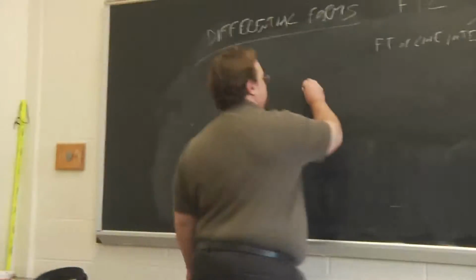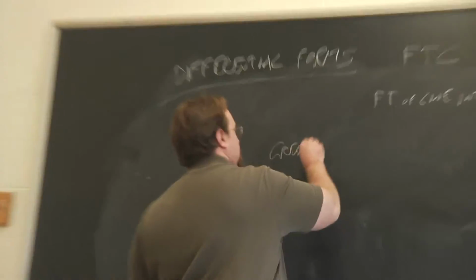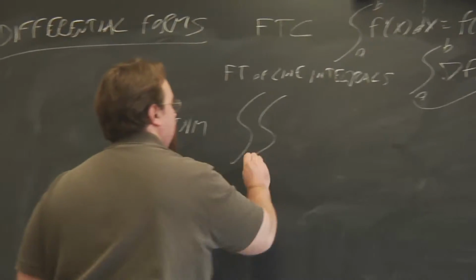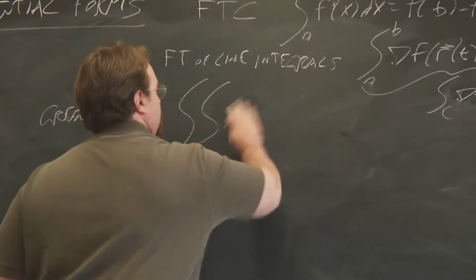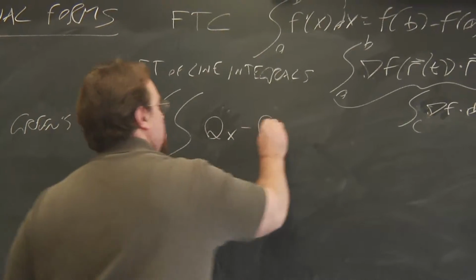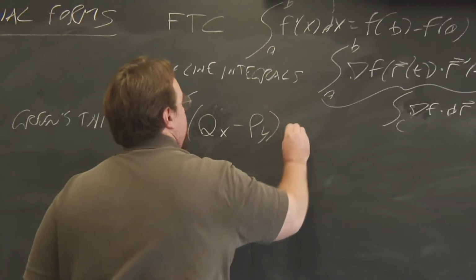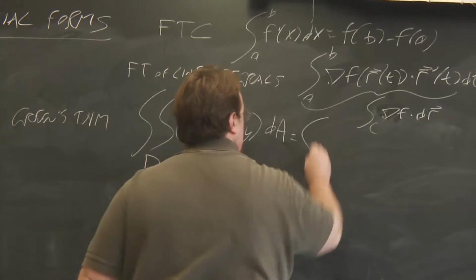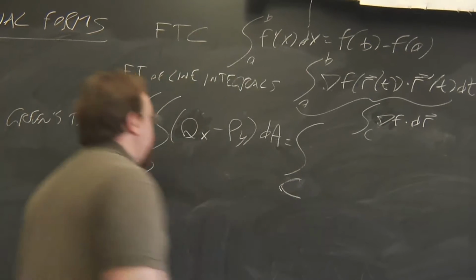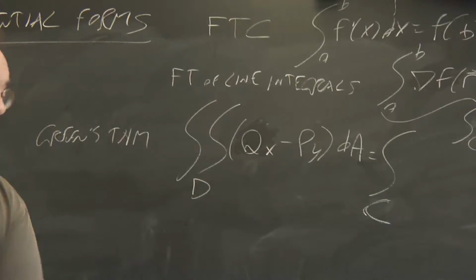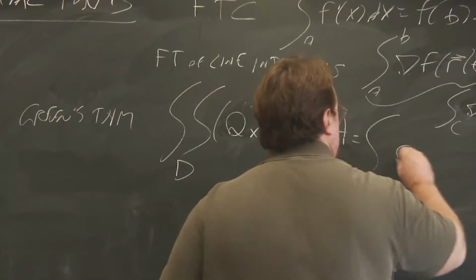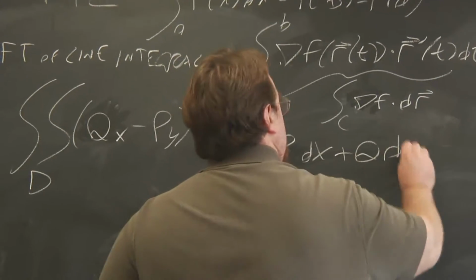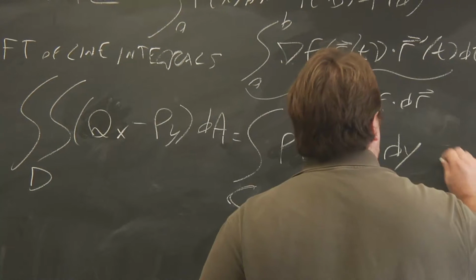And then we have Green's theorem, let's do it again. The integral over a region in the plane of this expression is equal to this expression over the boundary curve.